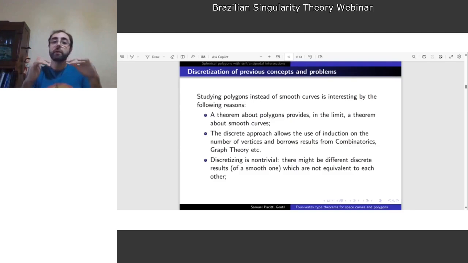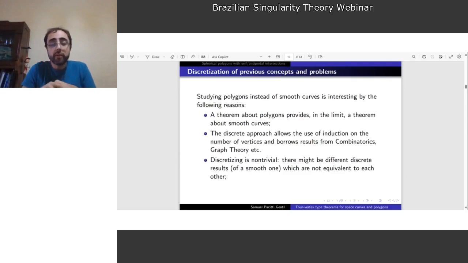First of all, the theorem for polygons provides, in the limit, a new proof of this theorem about smooth curves. This discrete approach allows the use of induction on the number of vertices, for instance, which simplifies our proofs considerably, and also borrows results from graph theory or combinatorics in general.